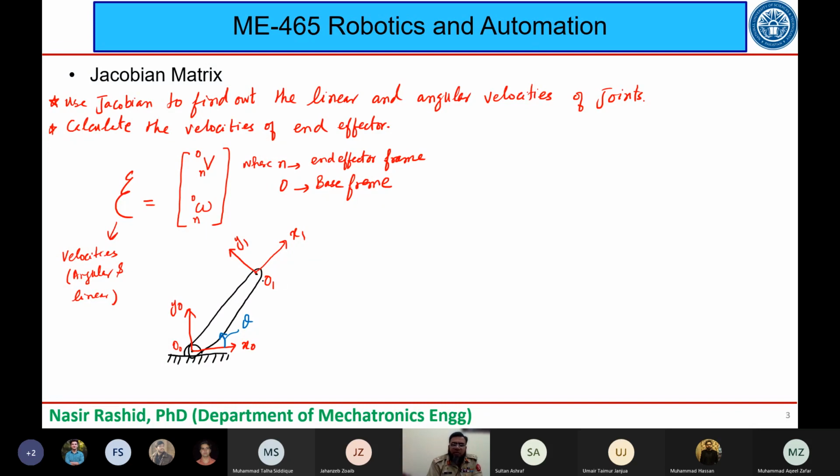If I ask you to give me the linear velocity v of O1, and if I have this dimension as r, what will be the linear velocity of O1? Can somebody give me a hint?